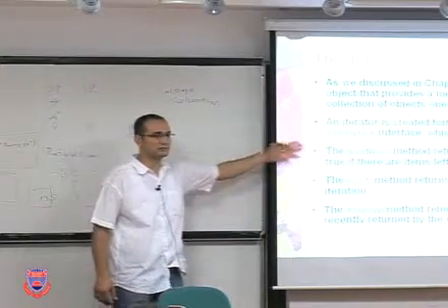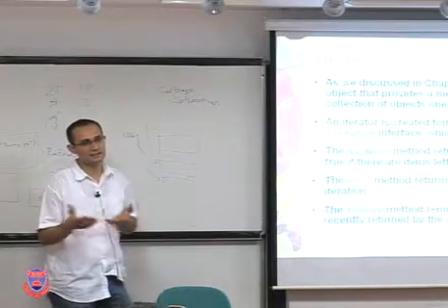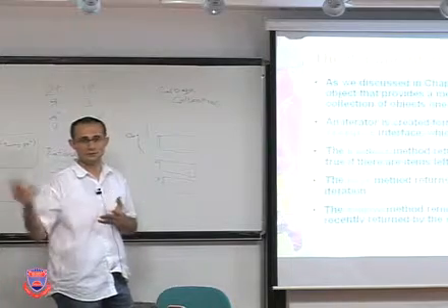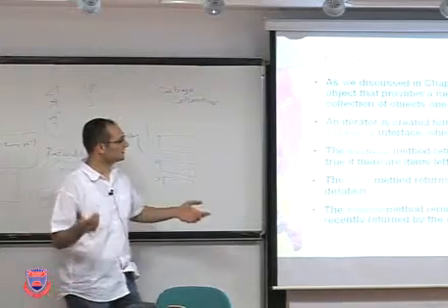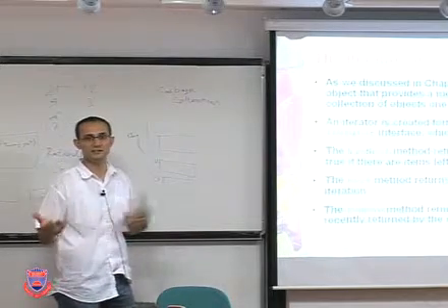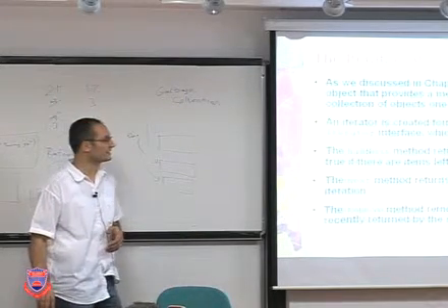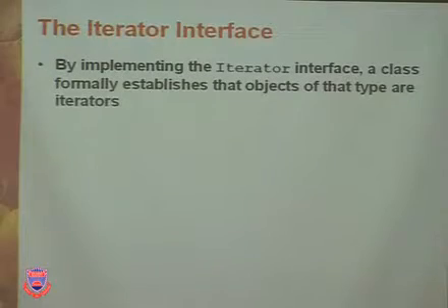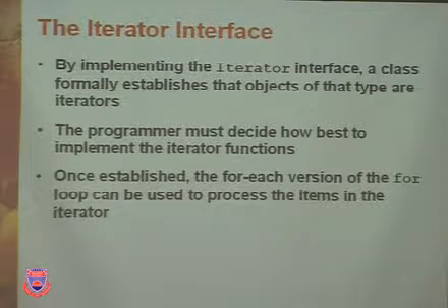Again, it should follow the same understanding. hasNext means, is there any other object that follows? Next means get the next object, and remove means remove the last object that was accessed. So the idea is the same as before.